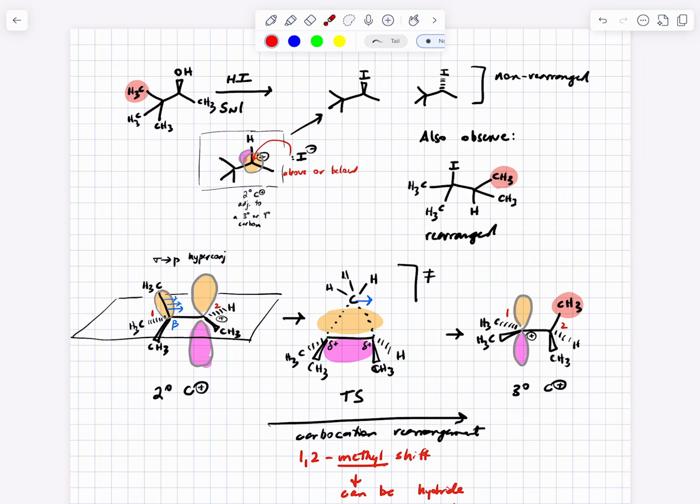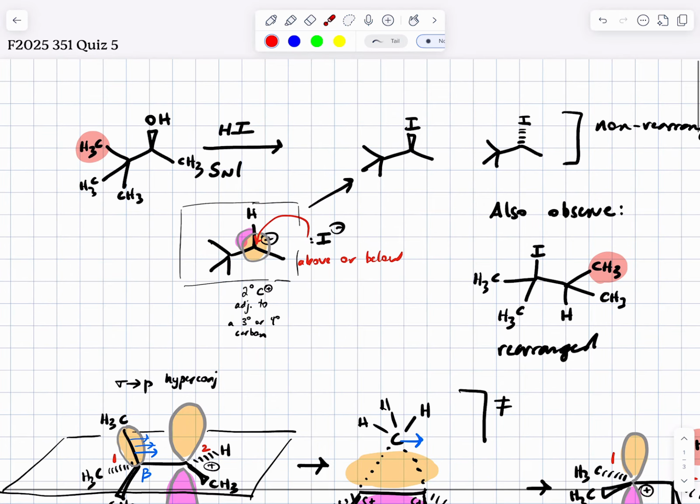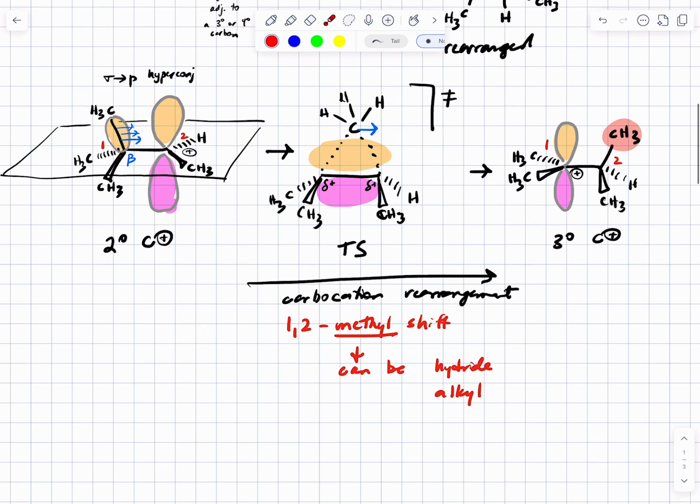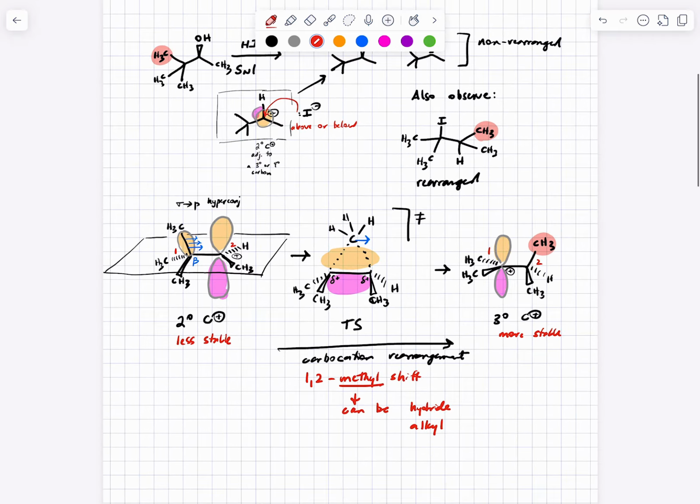And again, how do you know when that's going to occur? You look for secondary carbocations adjacent to tertiary or quaternary carbons. And the reason it happens is because it allows you to go from a less stable secondary carbocation to a more stable tertiary carbocation. All right, questions about that?